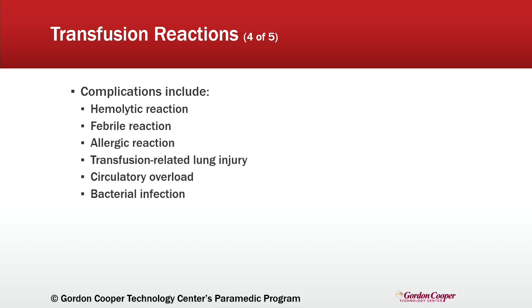What I mean by incompatibility is, say type A is given type B blood, that's going to cause a hemolytic reaction where the recipient's blood is going to try to destroy every one of those red blood cells because it's seen as foreign and a threat, because it just doesn't match.